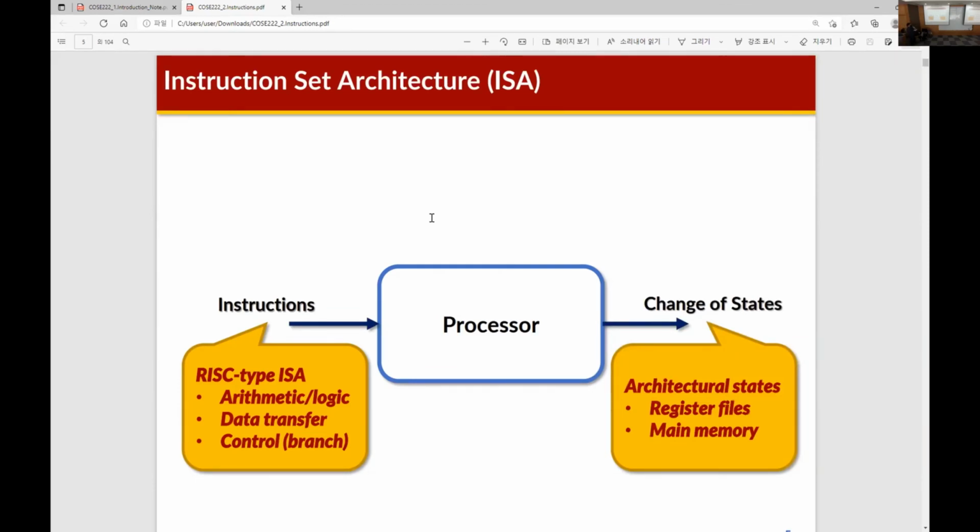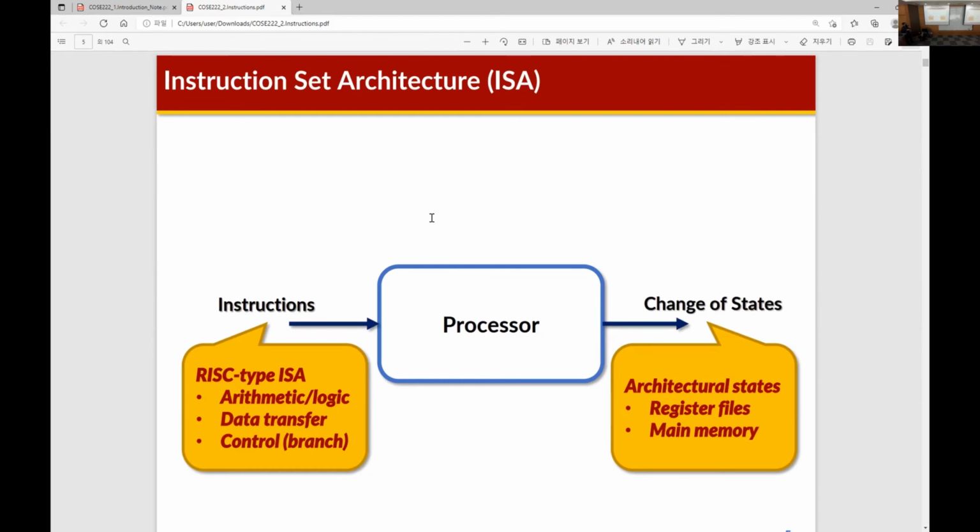But I said that the result of the processor is the change of state. And what is changing?